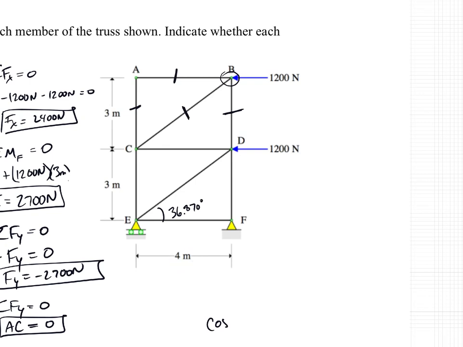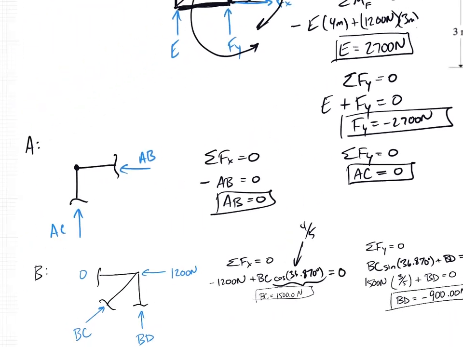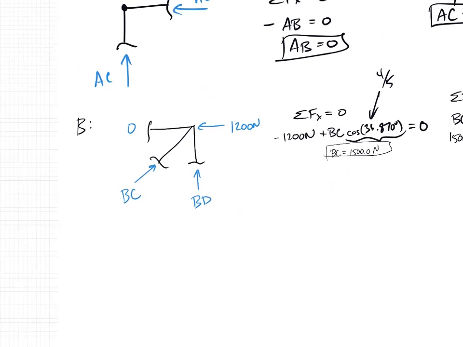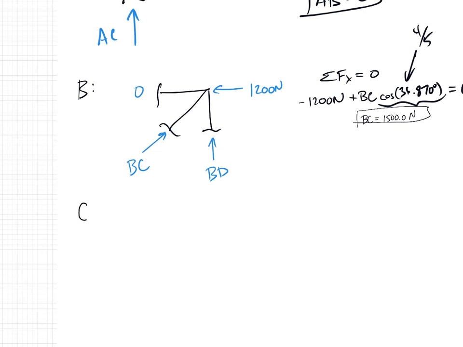Now we can go to C or D. Notice if I go to D, I still have 3 unknowns there, so that's not going to work. So let's go to C, because we've got 2 unknowns there, CD and CE. Looks like this is working out alphabetical. Here's C. We've got this going down, this one going this way, and that one going that way.